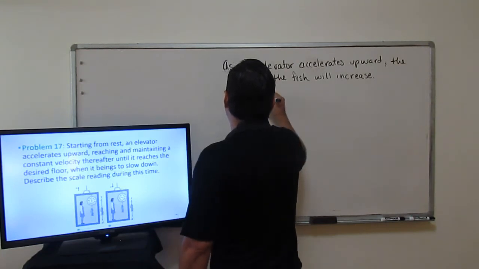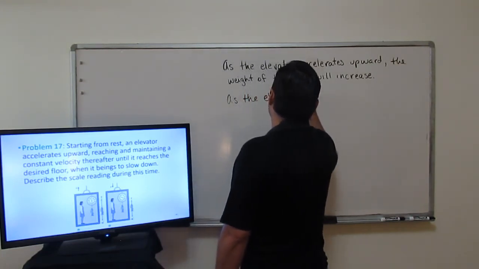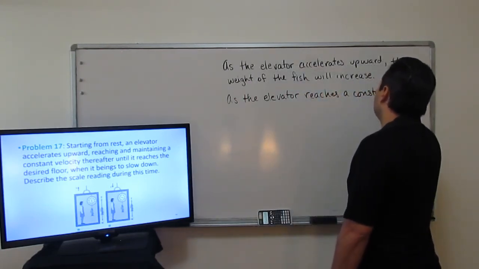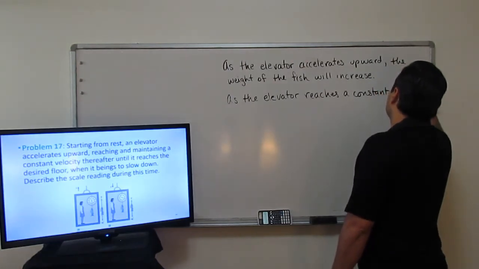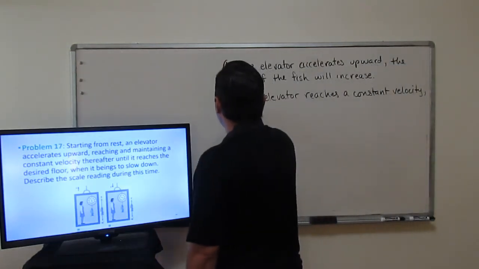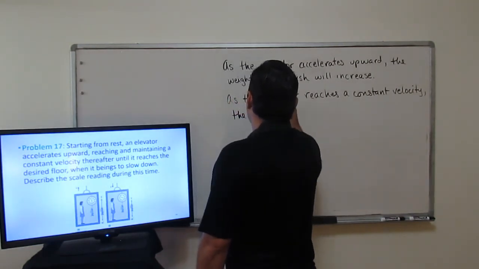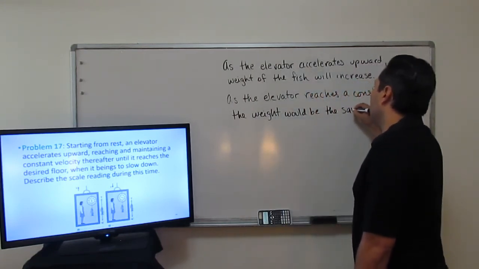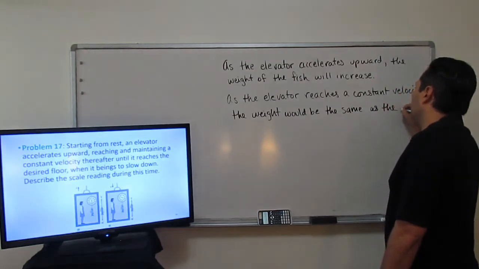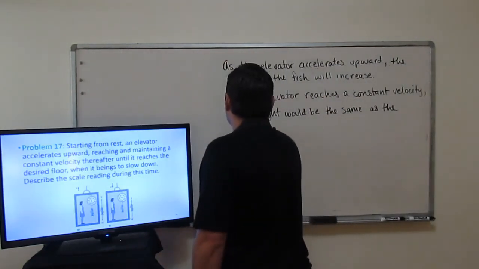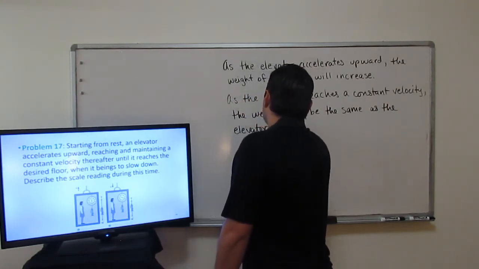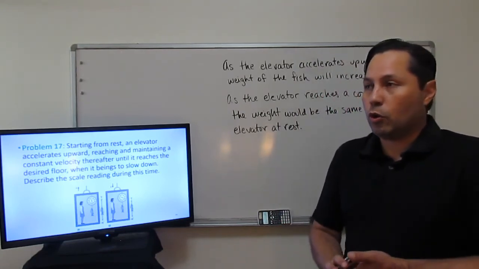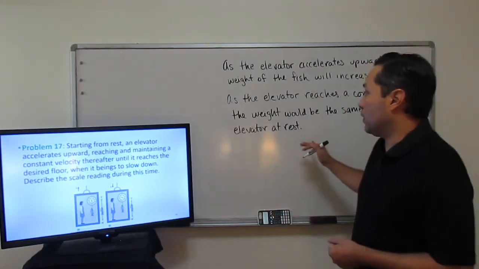As the elevator reaches a constant velocity, the weight would be the same as the elevator at rest, as if it were not moving, because it's going at a constant velocity. So it would be the same as if it were at rest.